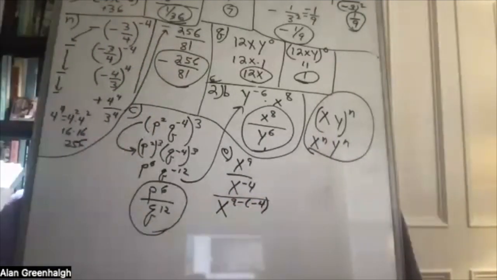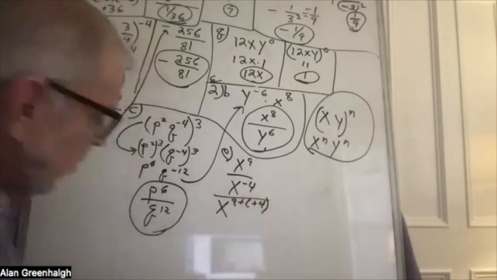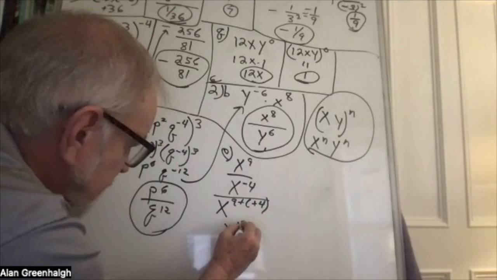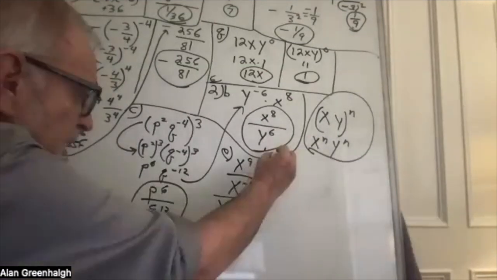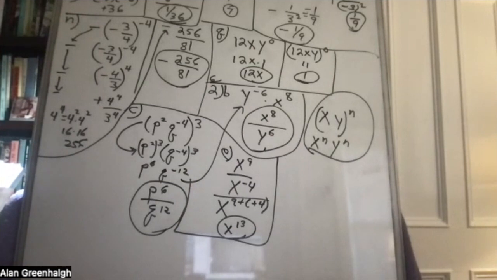That's the simplest way. When you are subtracting exponents, it's regular subtraction rules, and the answer is x to the 13. There are other ways of doing it, as we discussed yesterday. I don't want to go through all of them, because this is the way I suggest you do it.